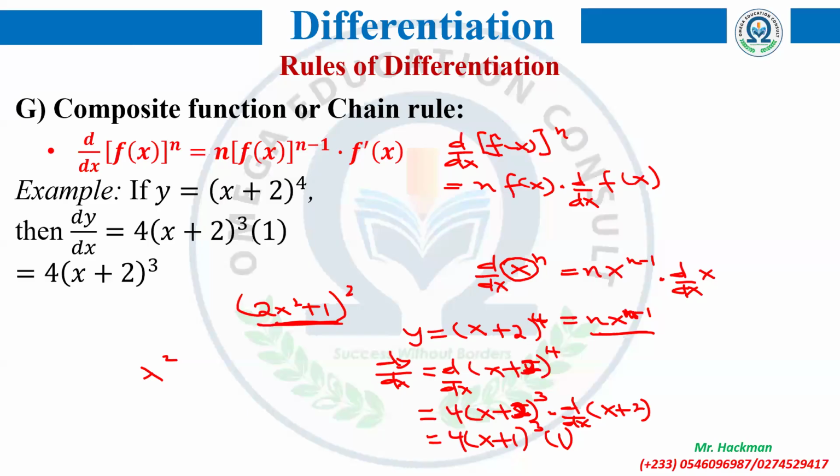The binomial theorem doesn't come with this rule. If you are given this under binomial and you are asked to expand, your expansion means you know what you are supposed to do. This one is differentiation. So the rule that we are considering is peculiar to differentiation, not any other topic. Is it clear?